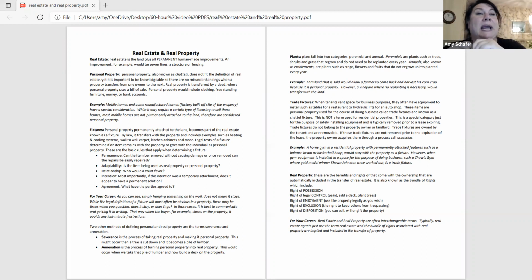Some people are maybe even able to build a deck up to it. But make no mistake, that is not real property. It is still on wheels, just like a camper. So it is personal property. So a mobile home, including a camper, is not real estate. It is personal property. The land is real estate, but the mobile home is actually personal property.